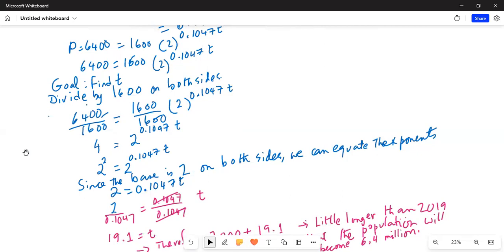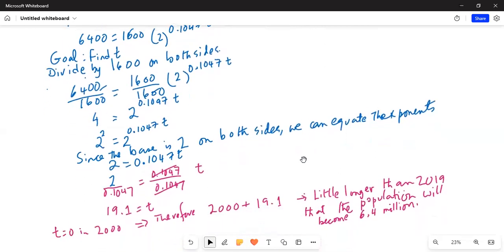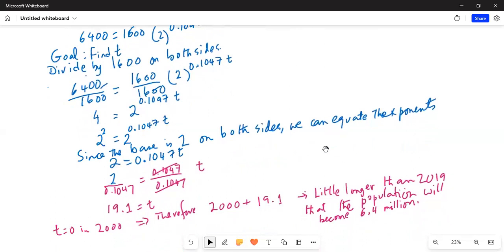Now remember, t is the number of years from 2000, so t is 0 in 2000. So 19.1 years after 2000 will be 2000 plus 19.1. So it will take a little longer than 2019, or precisely 2019.1, for the population to become 6.4 million.